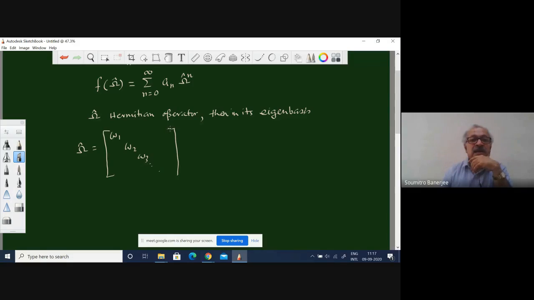It will just be a diagonal matrix like this, just zeros. Okay. What will be omega to the power n? It is nothing but this matrix multiplied n times. And since this is a diagonal matrix, it will be extremely simple to express this. It is just this.